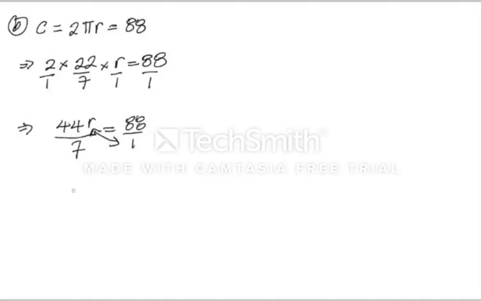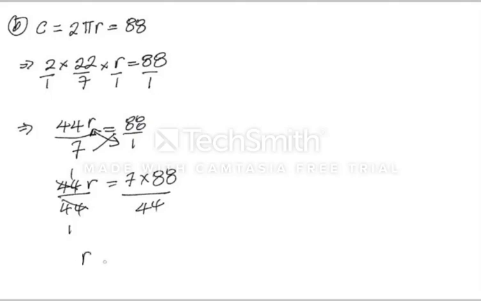So 1 times 44r is 44r, equal to 7 times 88. I would divide both sides by 44. So 44 goes and leaves only r, equal to 44 into 88 goes 2 times. 2 times 7 is 14 centimeters. The radius of the base of the cylinder is 14 centimeters.